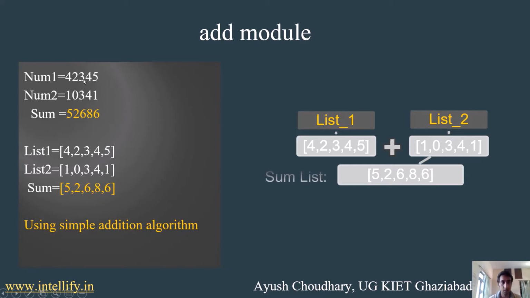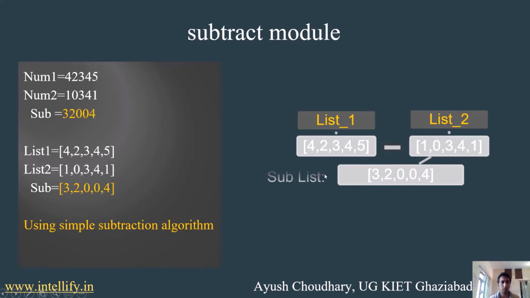We will iterate through each element and add accordingly. Number 1 will be separated in list 1, and number 2 in list 2 like this, and corresponding elements should be iterated and added.